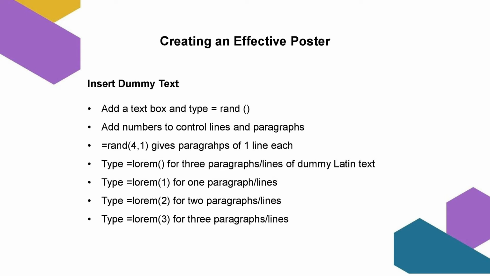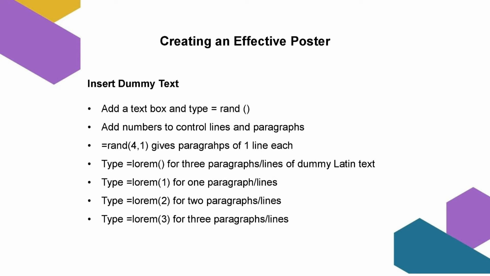And as it shows here, you can add numbers to control the number of times that's repeated. The example on this slide, I've had 2, 1. So you've got two paragraphs of 1 line each. And the lorem equivalent gives you the dummy Latin text.